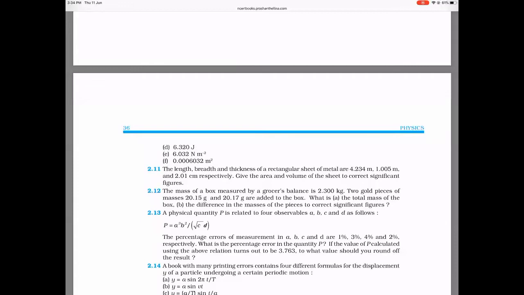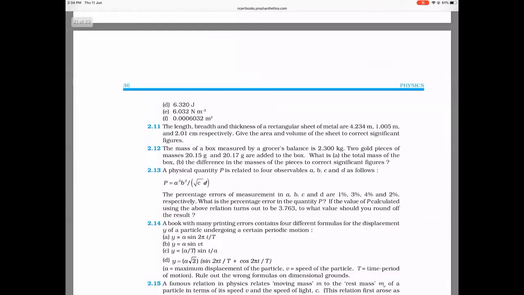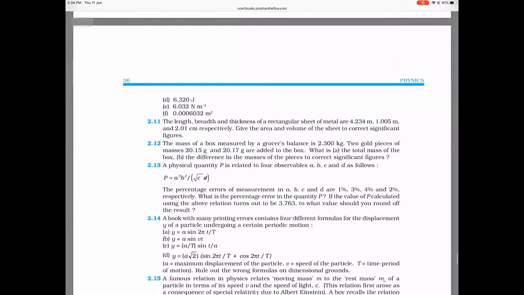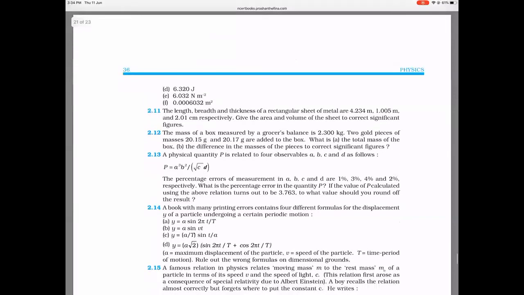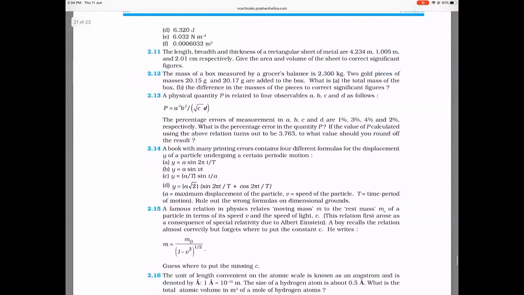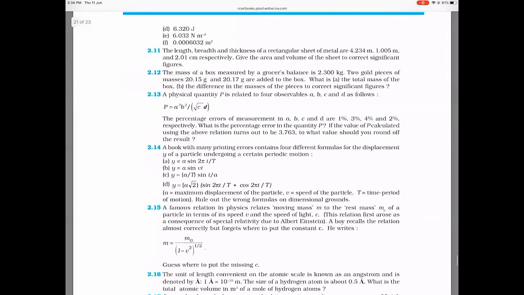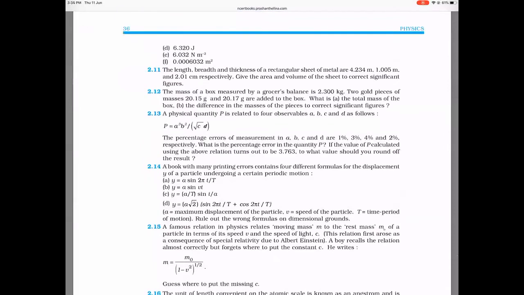When you come to volume, you will have 8 decimals, but the least precise one has 2 decimal places. So when you report the volume, you report only 2 decimal places. When you report the area, you have 3 decimal places and not 6. So that's how you go ahead.